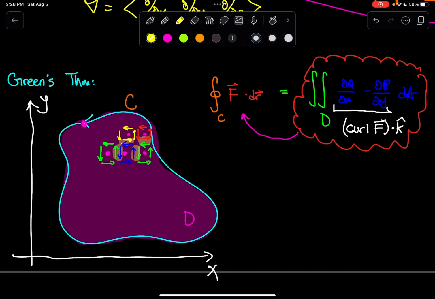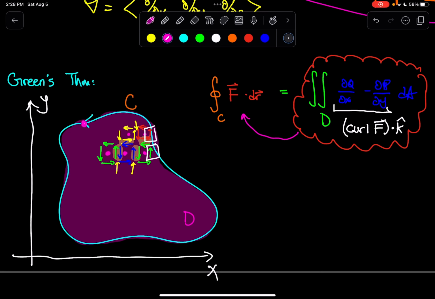The idea is that the curl kind of equals 0 at all of these points. The amount of curl that we get kind of cancels out. And the only place where the curl does not cancel out is right here at the edges.